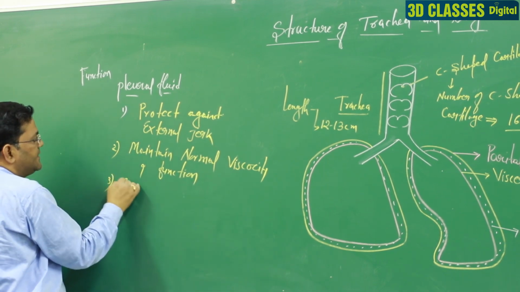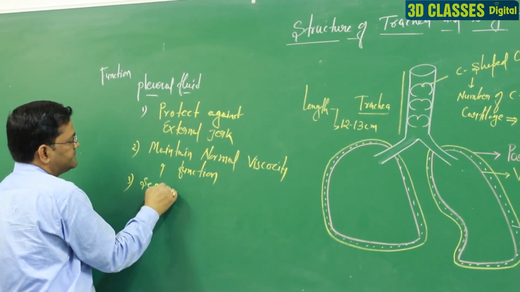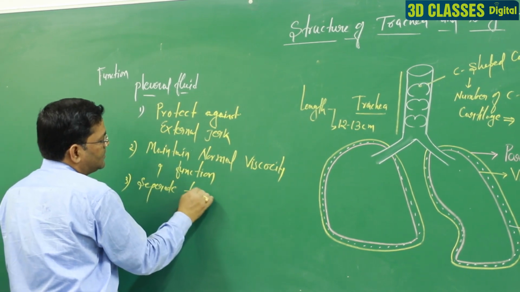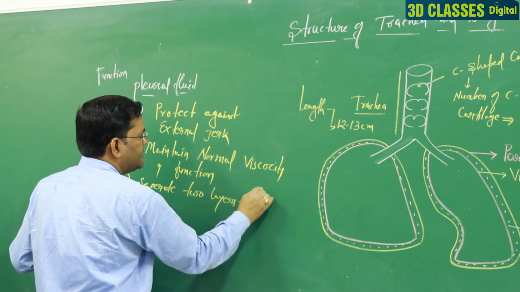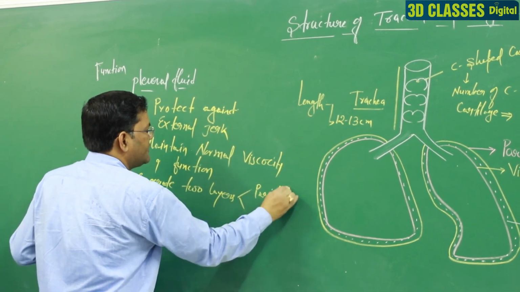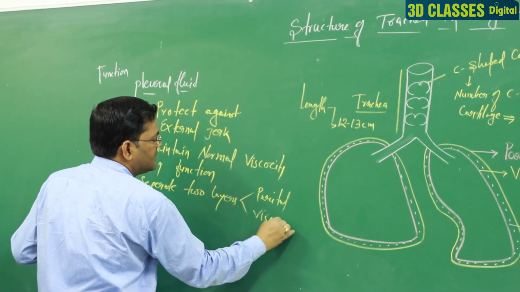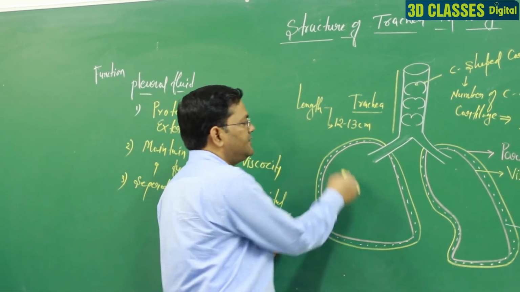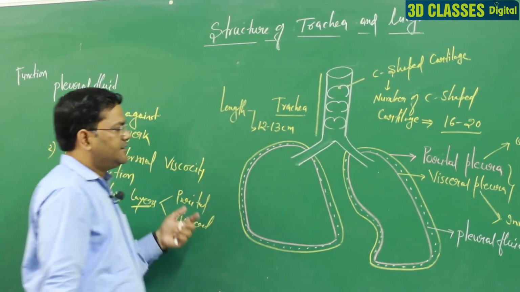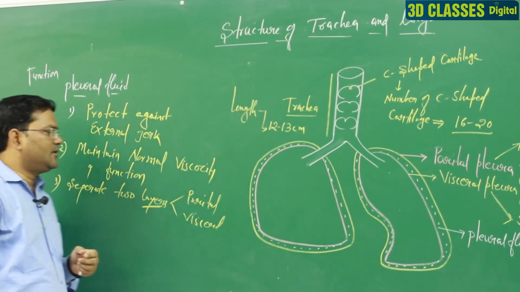And third, separate two layers, that is the parietal and visceral layers or membranes, which are separated with the help of this fluid, so the lungs function in a normal way.